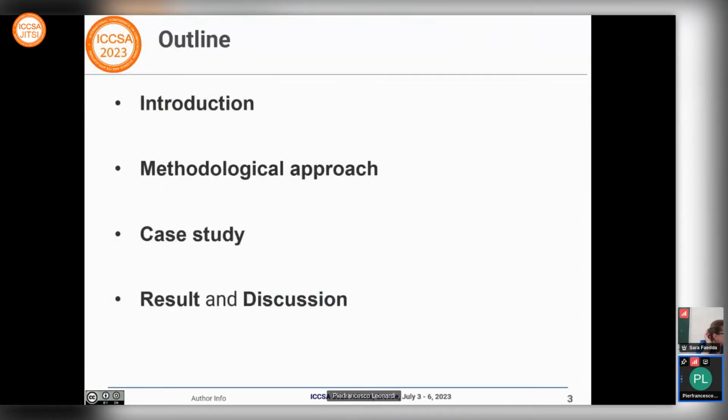Pier Francesco will give a brief introduction and focus on the methodological approach, while Roberta Campolo will focus on several case studies that we analyzed and present the results and discussion. So I give the floor to them, and it's my pleasure to hear them.